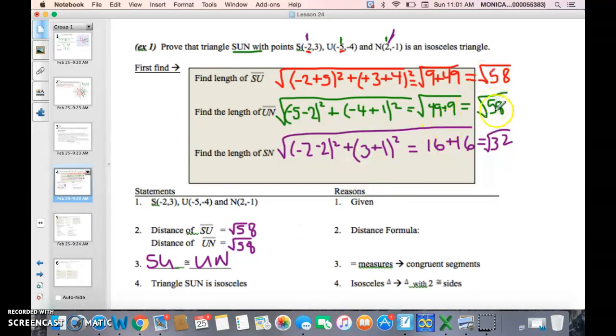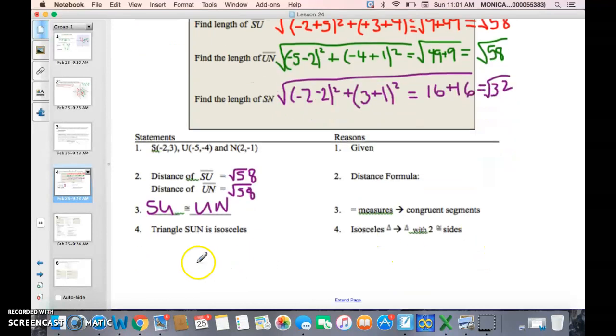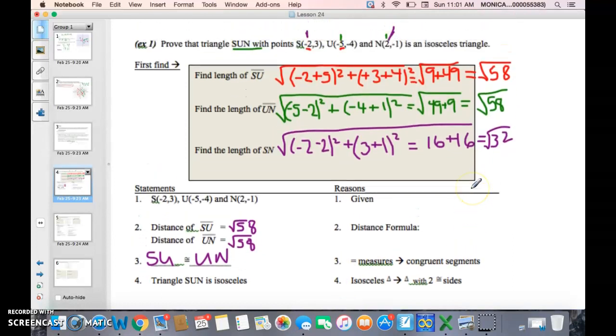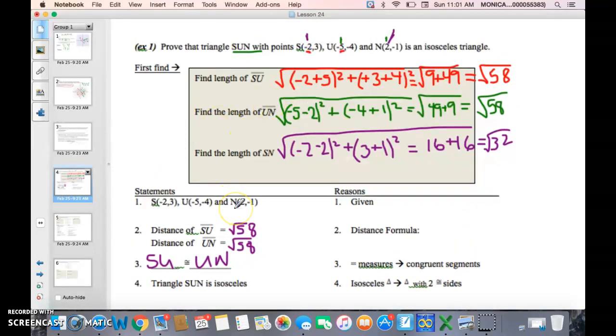Because these are both the square root of 58, we can say they have equal measures, therefore they're going to be congruent segments. So triangle SUN is isosceles because isosceles triangles are triangles with two congruent sides. So I've now proven, using a two-column proof, that SUN is in fact an isosceles triangle.